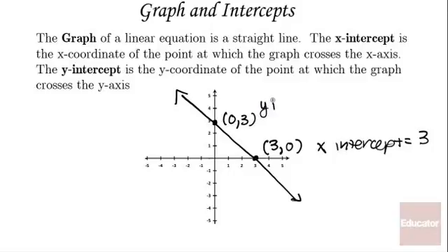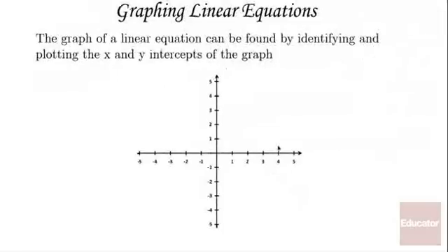And I'm going to say that my y-intercept also happens to equal 3. So notice that at the y-intercept, the value for x is 0. At the x-intercept, the value for y was 0. And we're going to talk more about these concepts later on.